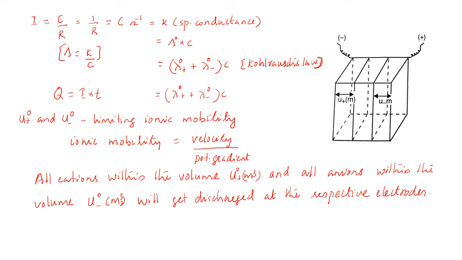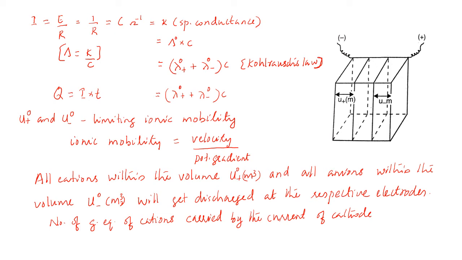And so the number of gram equivalents of cations carried by the current to the cathode will be equal to C into U plus 0.